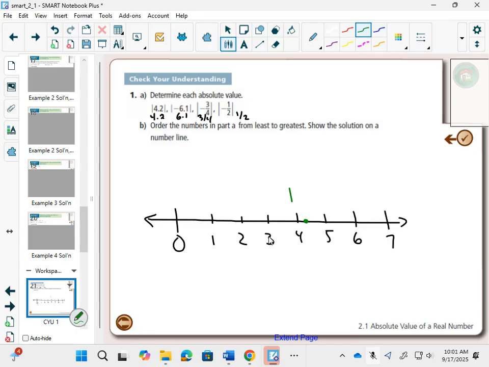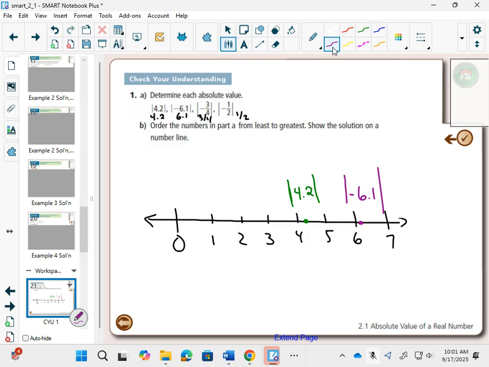This dot here would be the absolute value of 4.2. It's hard for me not to just write 4.2 because that's what it's equal to. But I'm going to try to label them with their absolute values. Like negative 6.1 is 6.1.